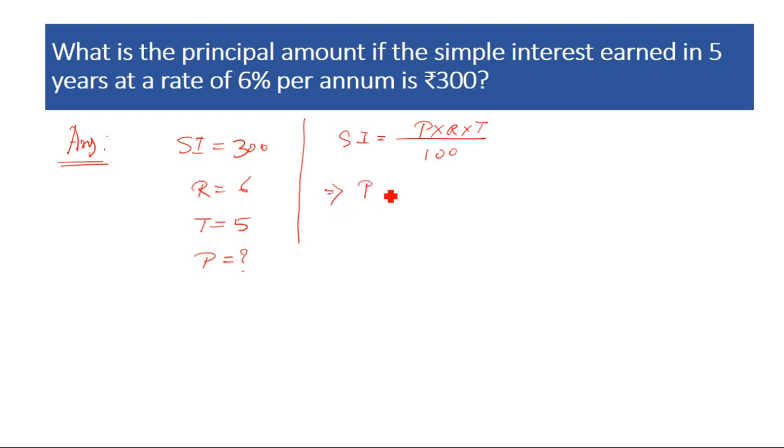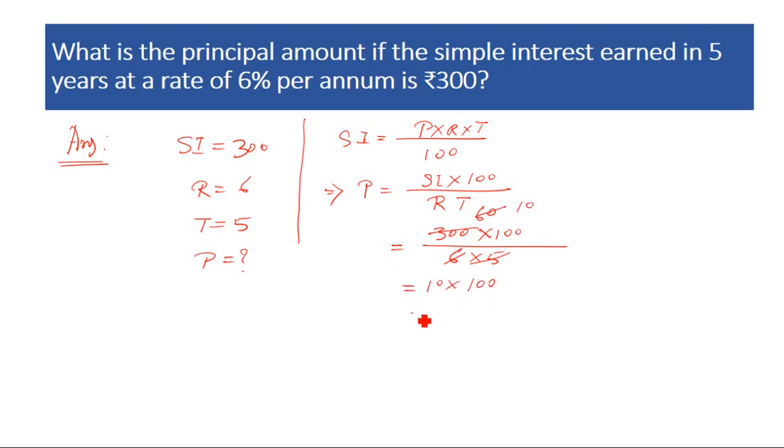Then P is equal to SI into 100 by R into T. 300 into 100 by 6 into 5. 10 into 100 is equal to 1000. That is the correct answer.